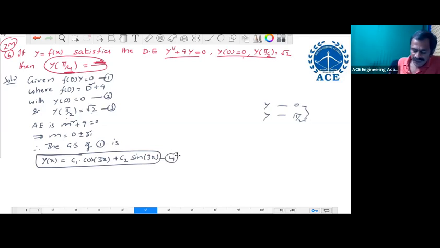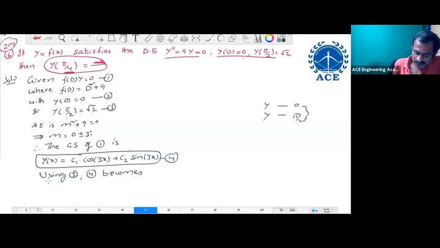Now we try to find the constant values c1, c2. To find c1, c2 values, we use the two given conditions. Using 2, 4 becomes: that is, substitute x equal to 0, y equal to 0 in equation 4.